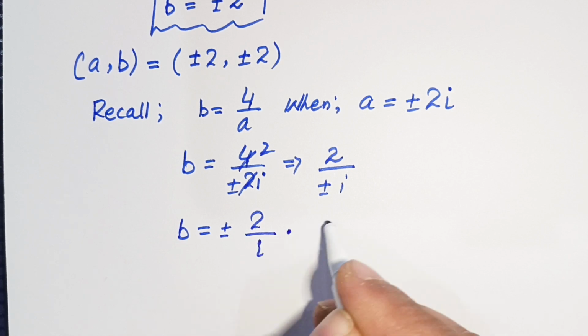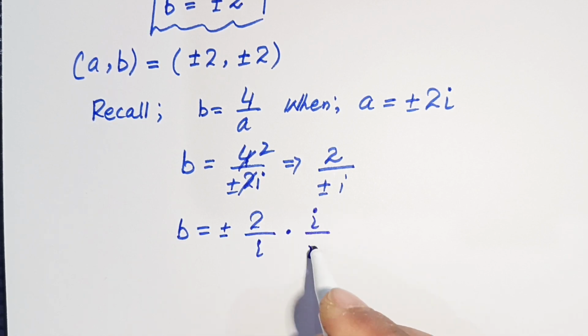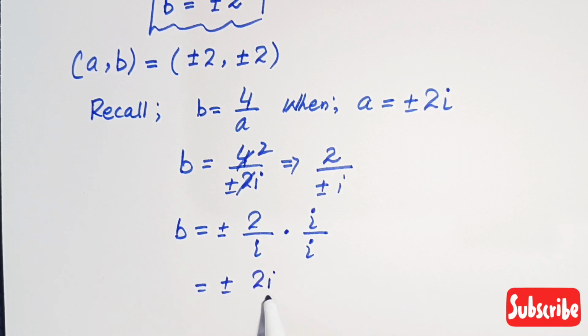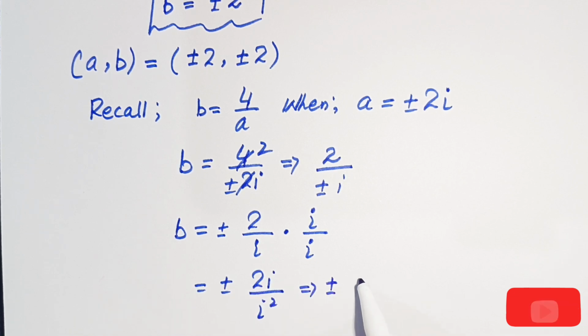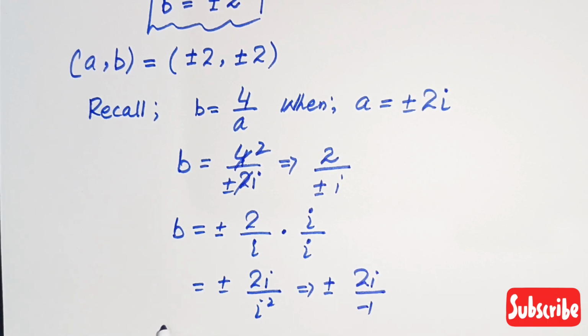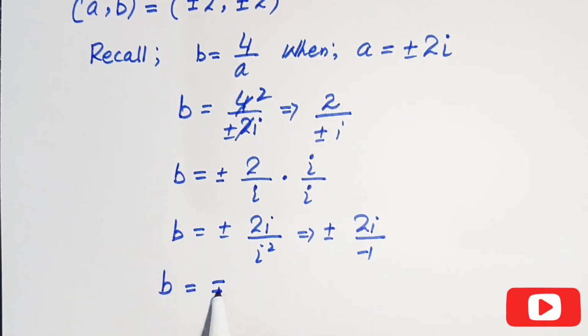If we multiply and divide by i, then we have plus minus 2 times i is 2i, and i times i is i squared. So our next step will be plus minus 2i divided by minus 1, and we write that b is equal to this, minus times plus is minus, plus times minus is minus, so minus plus 2i.